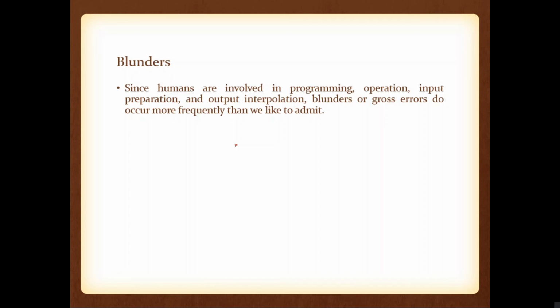A small misinterpretation can make us enter wrong data or write a wrong algorithm. Some mistakes we will definitely create. Such types of mistakes are known as blunders. Due to those blunders, we can expect some error in numerical methods, so it is known as error due to blunders.